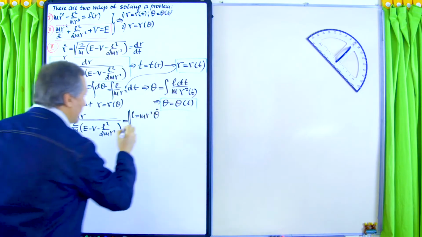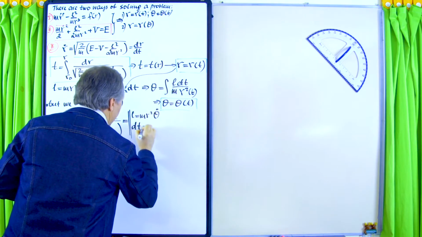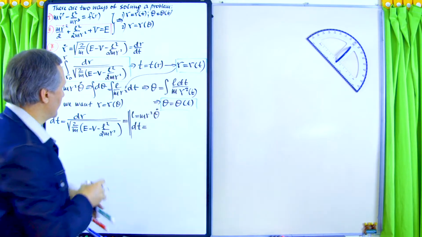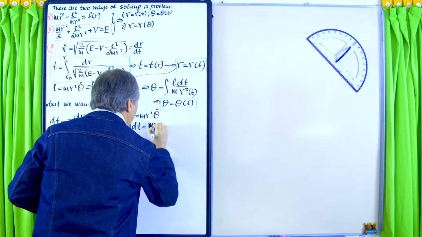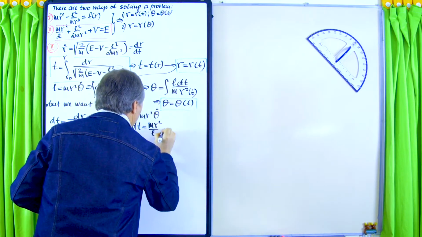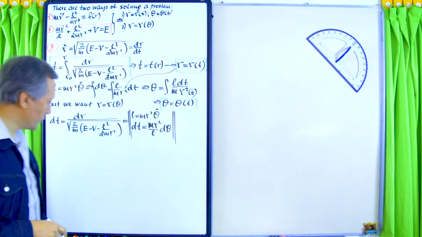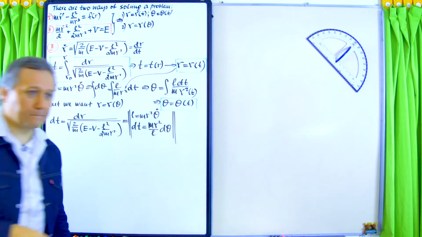Of course, as a result, from here dt will be equal to mr squared over L d theta. I think it's correct. Let me check. Yes.